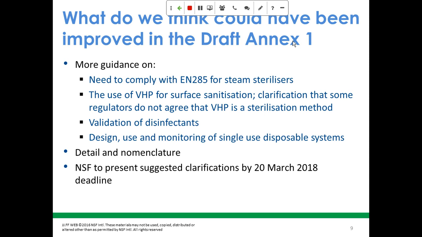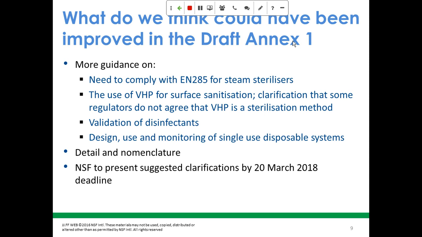So EN 285 is the European norm that deals with the quality of clean steam, the design, control and monitoring of clean steam systems, specifically associated with those that supply steam sterilizers. And also, of course, an understanding of how to operate, monitor and provide performance checks on your steam sterilizers. And we felt that there ought to be more detail in what to comply with, how to comply with it, and a reference to EN 285.